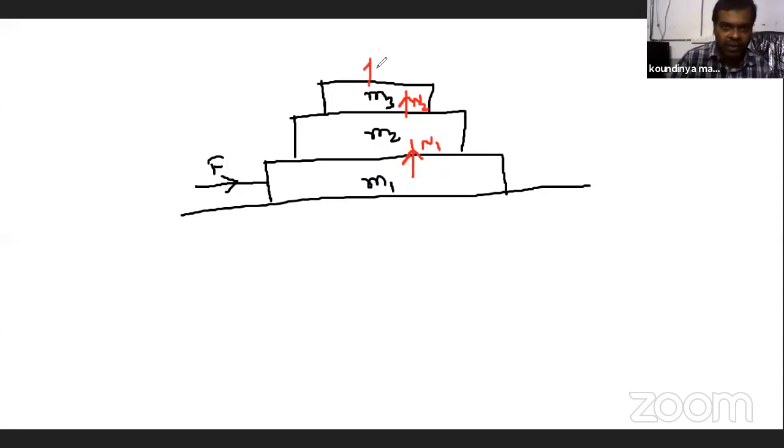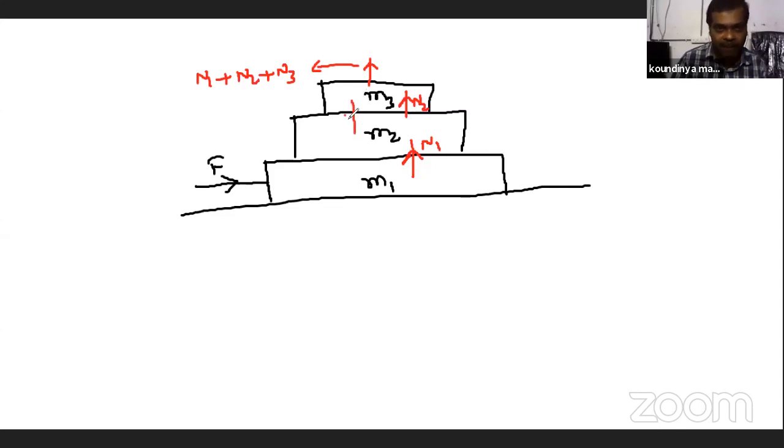So the total normal force acting on M3 will be N1 plus N2 plus N3. So the normal force for the third object will be more than for the first object.